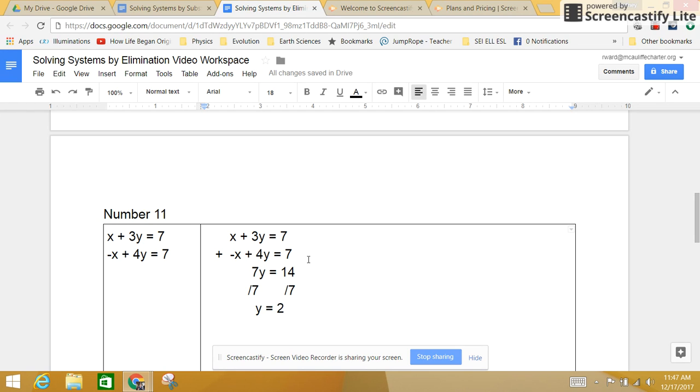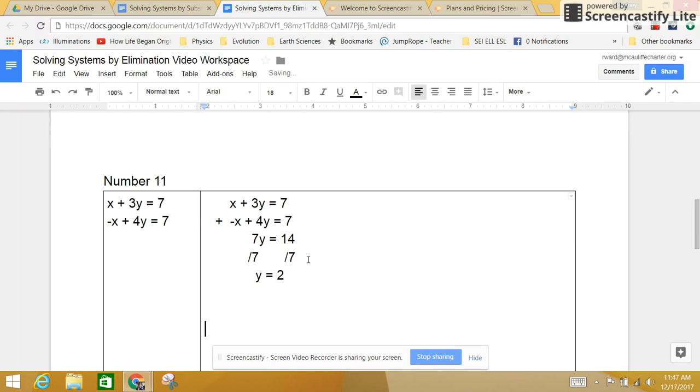All right, I'm going to take that 2 and plug it into one of the equations. I'm going to replace y with it. I'll replace y here. And let's solve. So this is going to become x plus 6 equals 7.